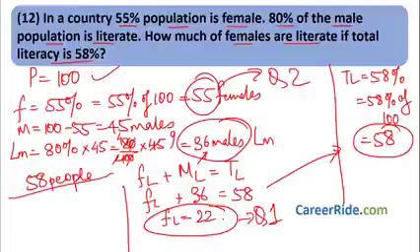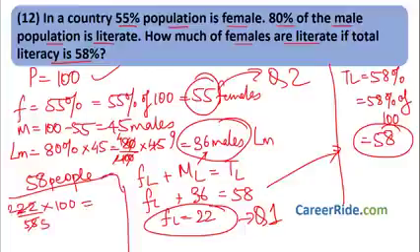How much percent is literate female to total female? That is nothing but quantity 1 upon quantity 2, and since we want percentage, multiply by 100. What do we get? 11 2s are 11, 5s are 5, into 2 is 20, 40%. So 40% of females are literate.